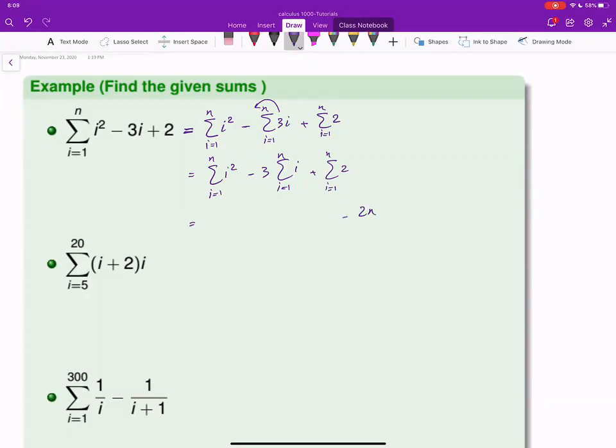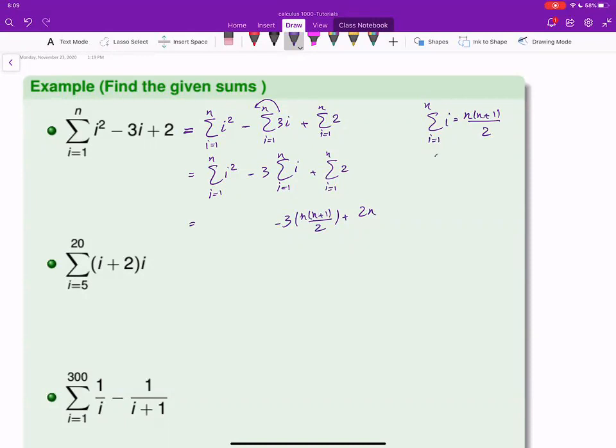The second term has a -3 to multiply, but I know that the sum of i, i going from 1 to n, is n times n plus 1 over 2. So here I just put n plus 1 over 2.